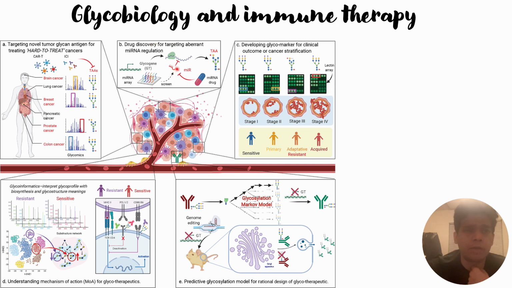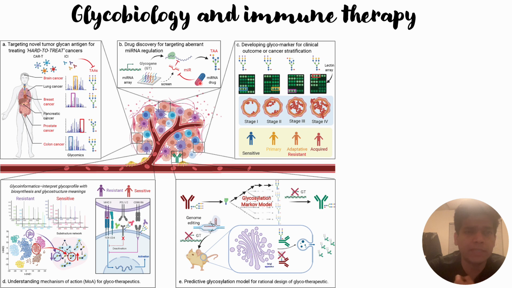So when we target the root cause, that is the microRNA that leads to the generation of those glycan epitopes, this disruption in the intracellular pathway of the cells might disrupt the tumor's intracellular functioning, and that might affect the survival rates of the tumor. So this is one of the approaches.